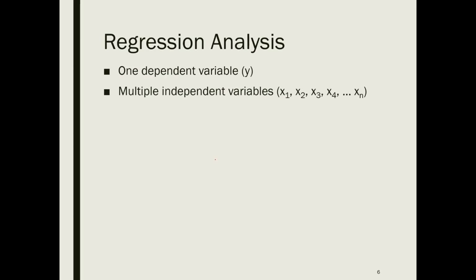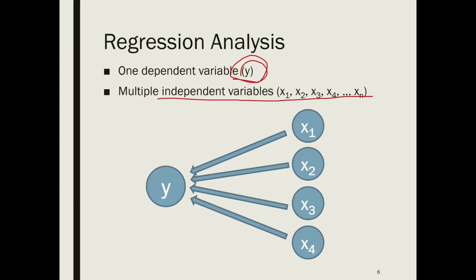Okay. However, in the regression, we still only have one dependent variable, which is y, but we have multiple independent variables. We may have x1, x2, x3, x4, to predict the y. So take an example where y is whether a person is going to commit a crime or not.